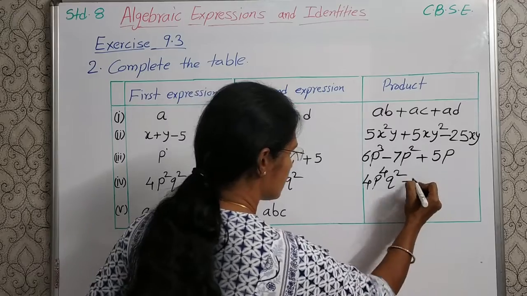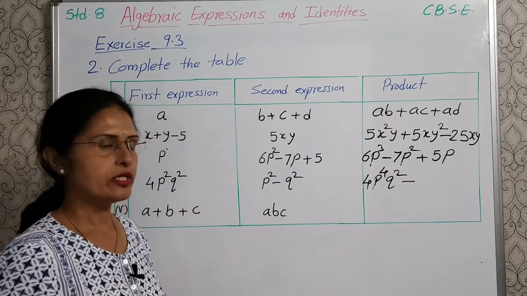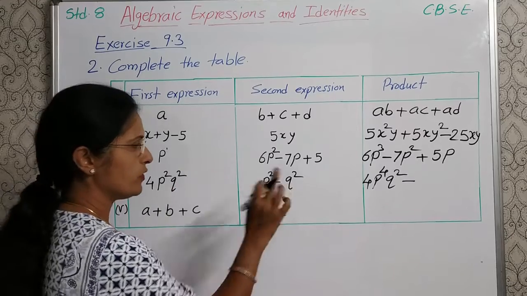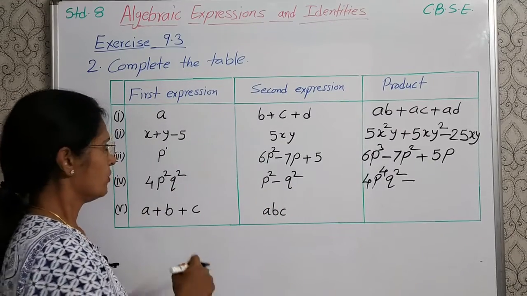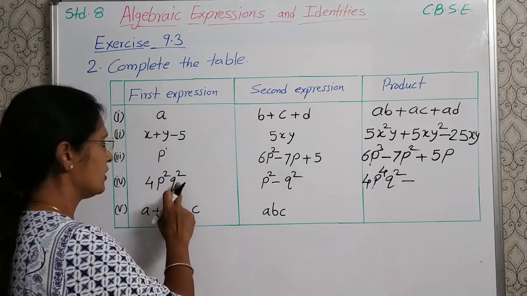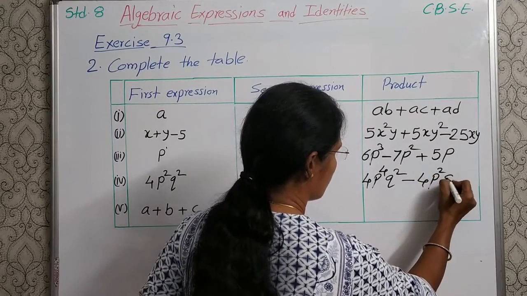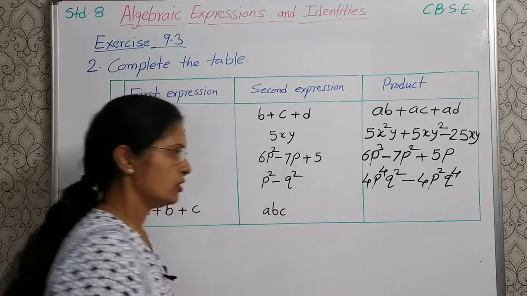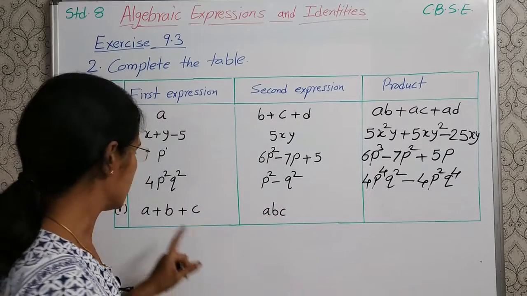So this minus sign here. Now q square and q square will be q raised to 4. 2 and 2 will be 4. So for q, the index will be 4. So 4 p square q raised to 4. So this is the product for the multiplication of these two expressions.